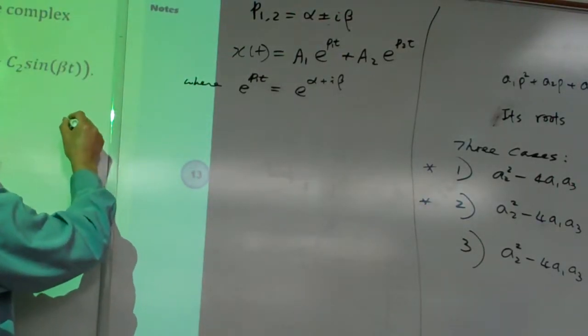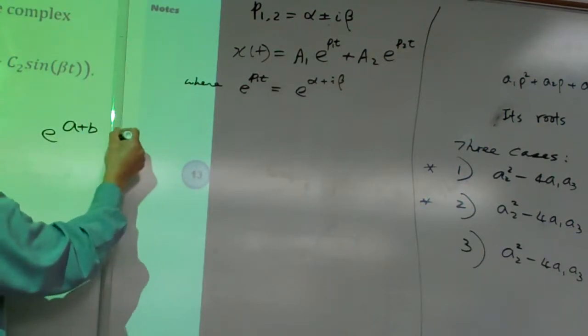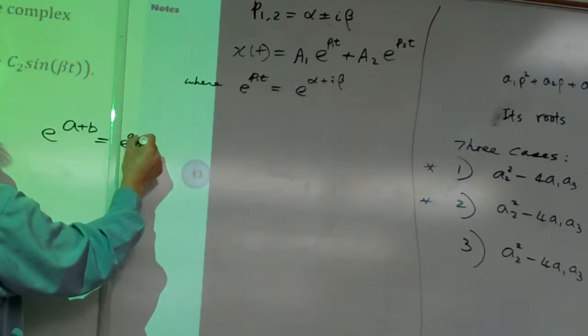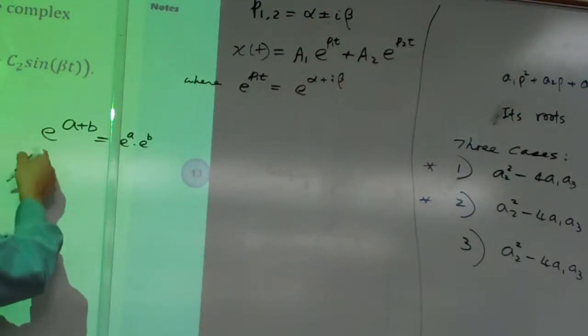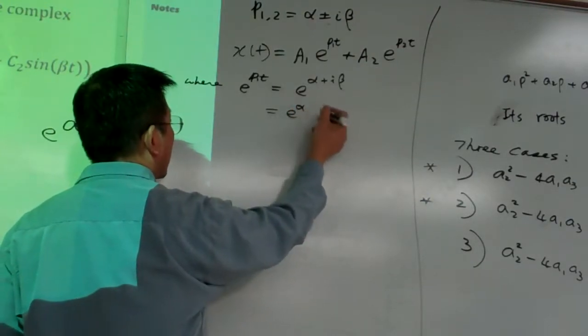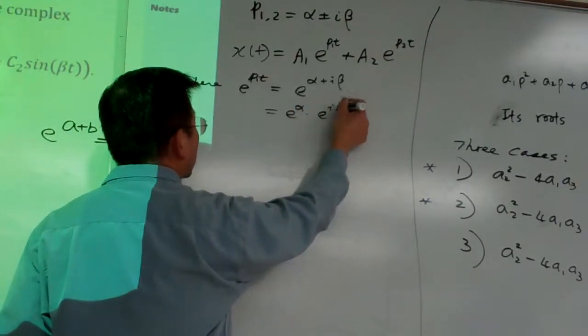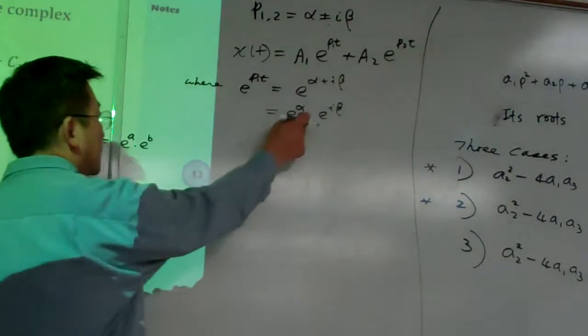If you remember, e to the power a plus b can be written as e^a multiplied with e^b. So using this, we can write e^alpha times e^(i beta), right? I simply distribute the exponents.